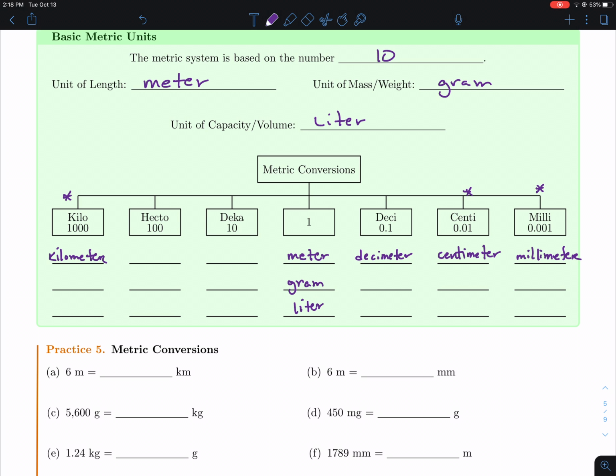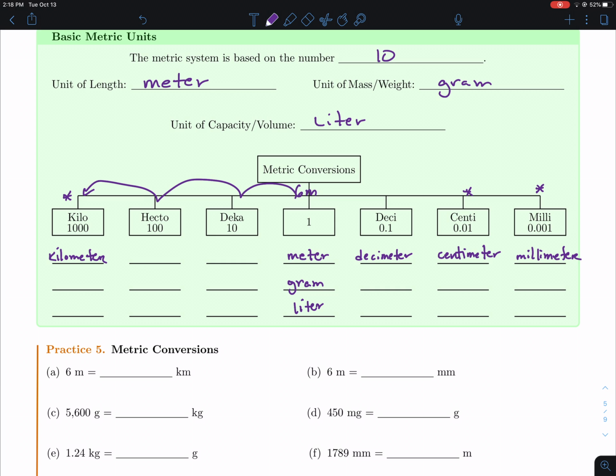So let me do practice 5 first. In this case, we're at 6 meters, which puts me here on the chart. I want to move to kilometers, so I need to move 1, 2, 3 places to the left. Whenever I'm moving to the left, I'm going to make it into a smaller decimal in this case.